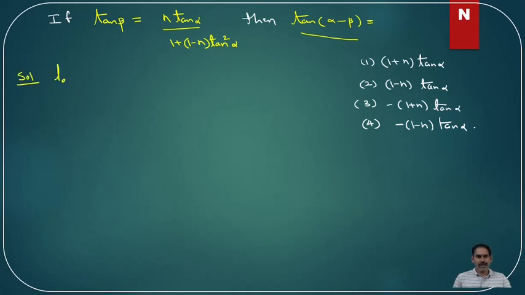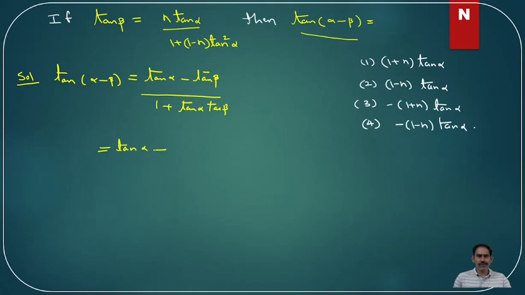Starting with tan of alpha minus beta. Tan a minus b formula: tan a minus tan b by 1 plus tan a tan b. Here, substitute the tan beta value.